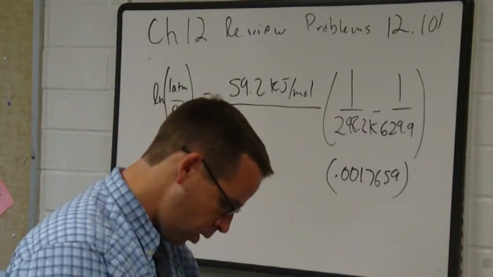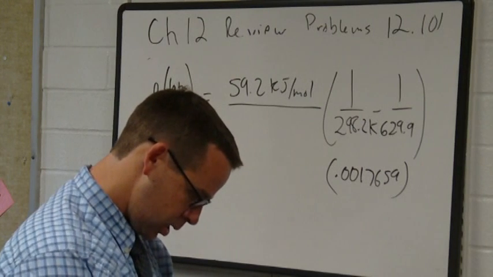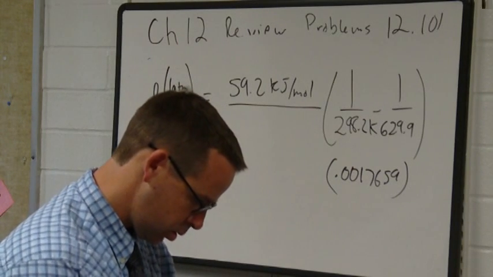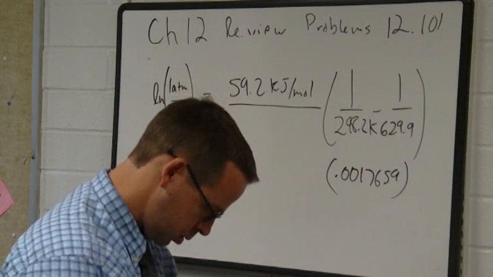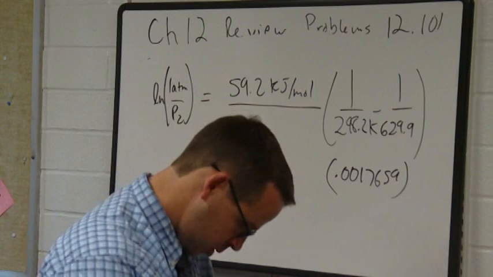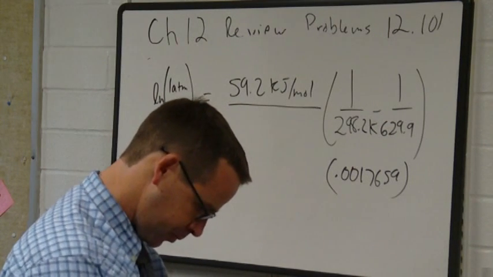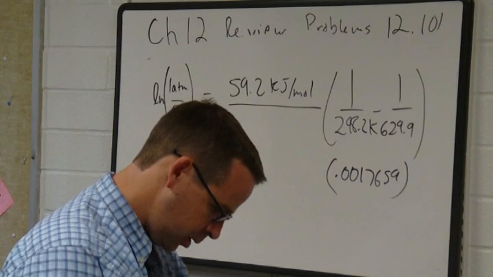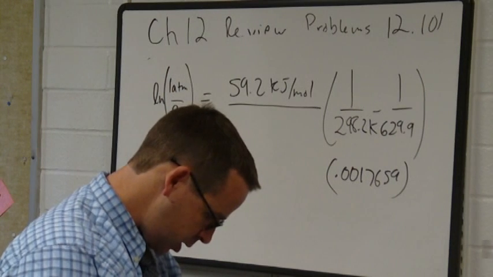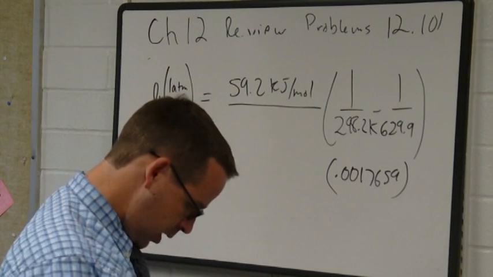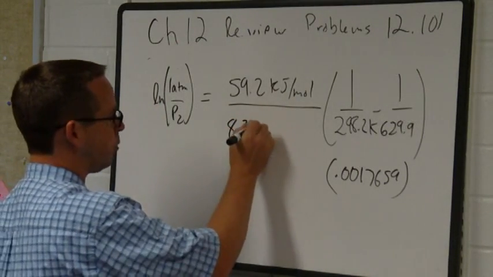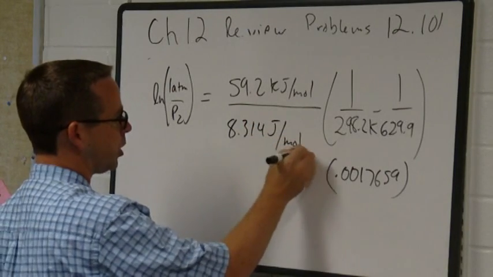So our R value, let's see, on page 553 we see the equation there, and on 552 we see the R value, 8.314, and that's joules per mole per Kelvin.